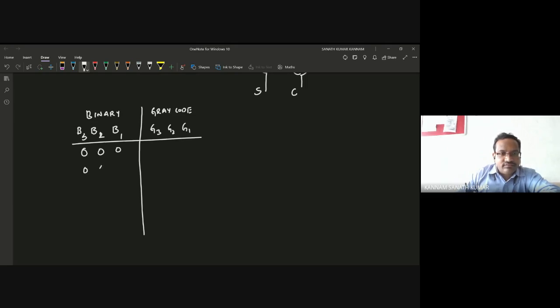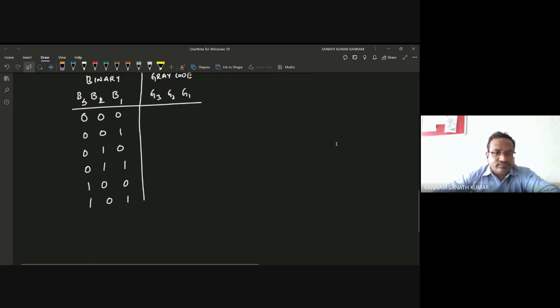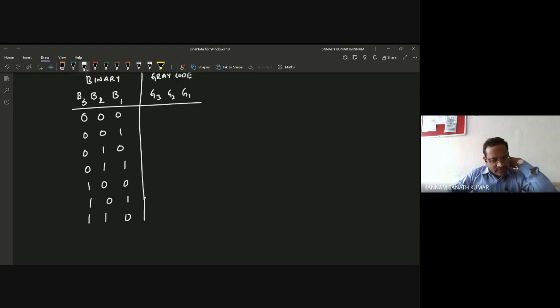You know, 3 inputs are there, so 8 possible combinations you will get. These are the possible combinations. So how you are converting binary to gray code means the first number will come as it is.